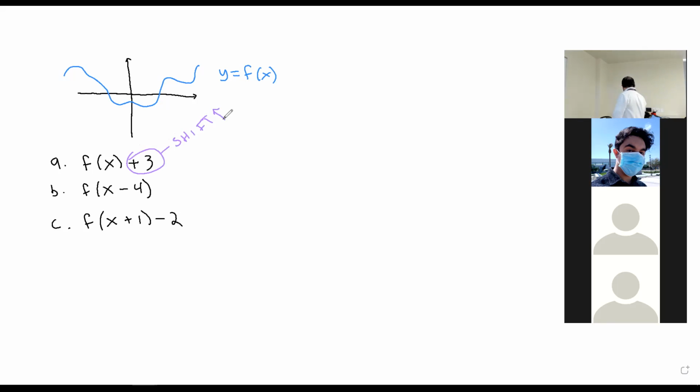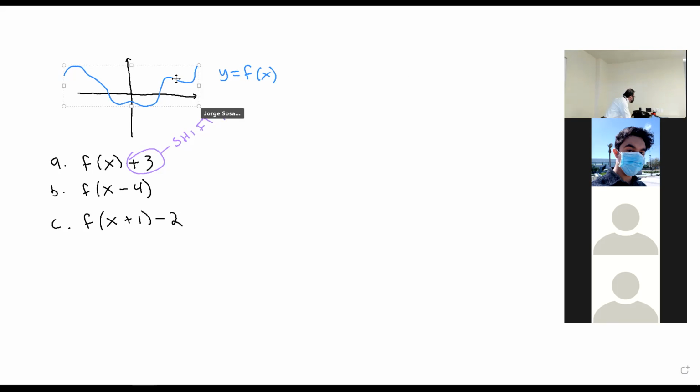Okay, so let's see how that would happen. So I'm going to do it here. And then I'm going to try to draw it again, but let's assume that we've got this graph here, and we're doing a shift up 3 units, okay?